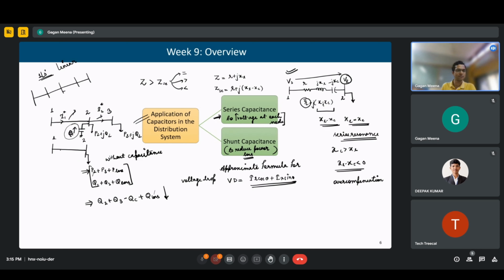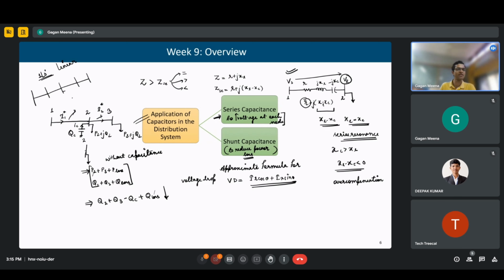So this will reduce the reactive power requirement. Suppose here the branch current was I1 and the capacitor is kept here. It is providing current IC.